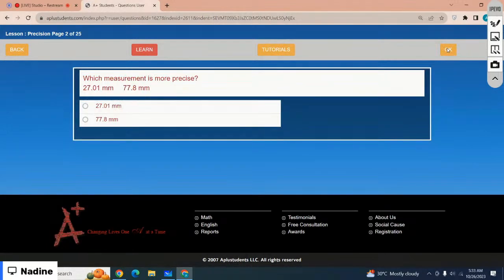Which measurement is more precise, 27.01 millimeter or 77.8 millimeter? Which is the correct option?